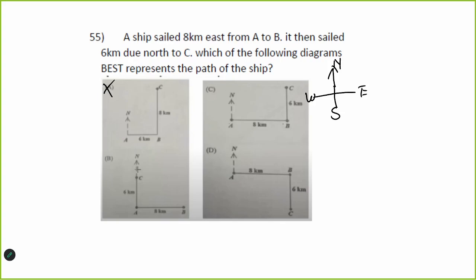So it's either C, D, and E, and it's starting from E. So if it's starting from E, it cannot be B. Actually, no. Yeah, because this one starts from B, so it can't be this one. Then it sailed 6 kilometers due north, which is upwards. This one is going downwards, so it can't be this one, so it has to be C.